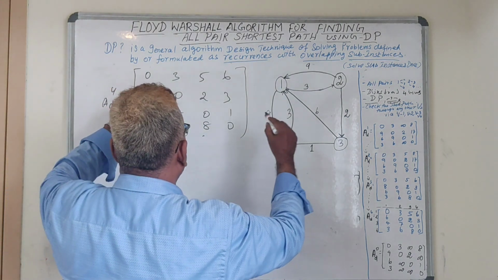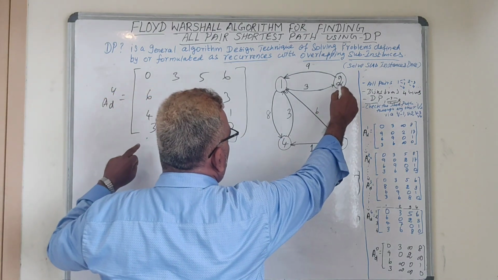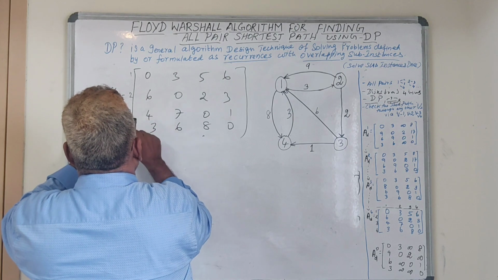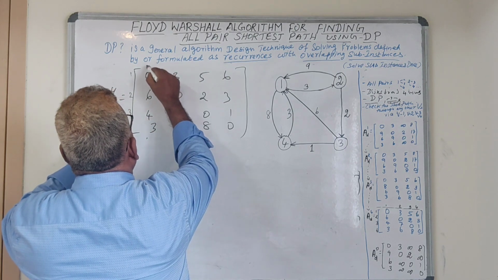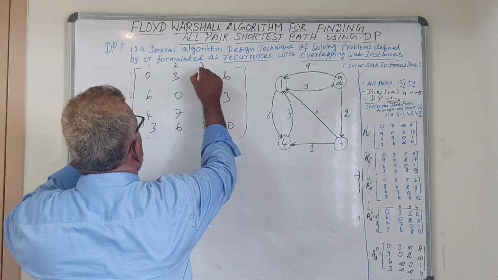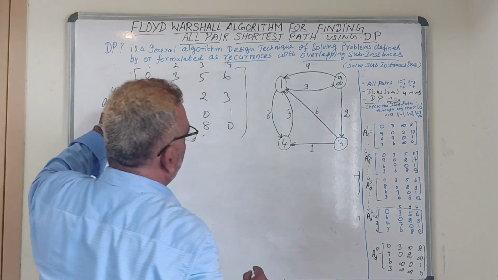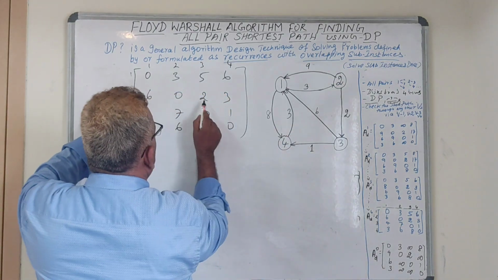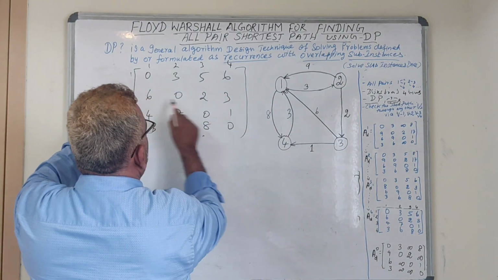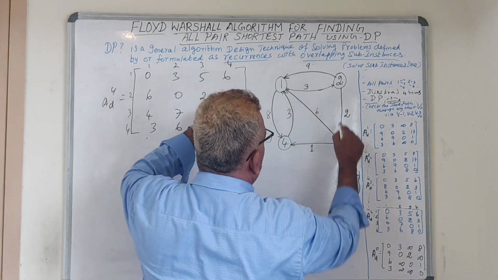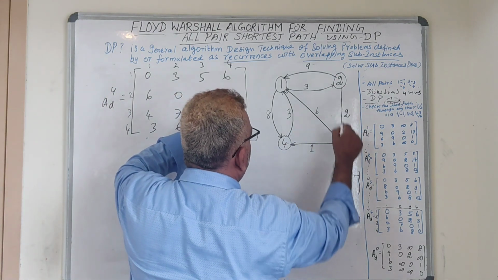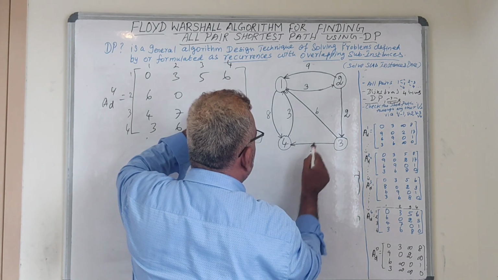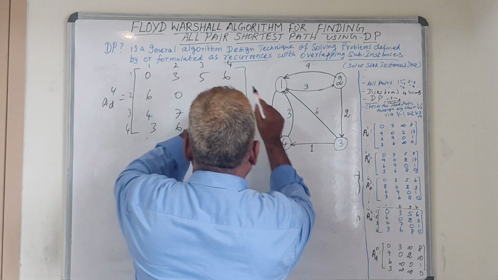For example, if you want to check 2 to 4, it is 2 to 3, which is 2, and then 3 to 4, which is 1, so 2 plus 1 is 3.